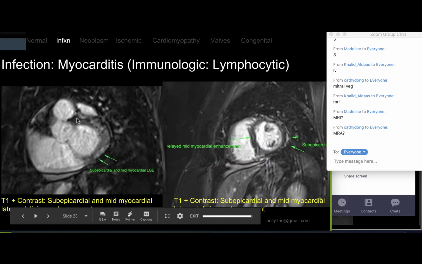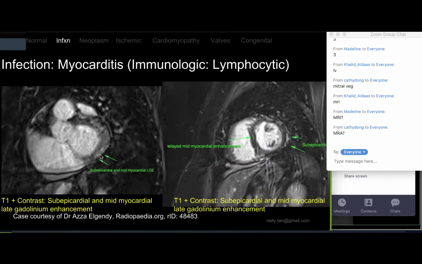Okay, in MRI, we can do a contrast-enhanced MRI, which is like a CT with contrast, except we're using gadolinium, not iodine. And when you have myocarditis, you have inflammation of the muscles.